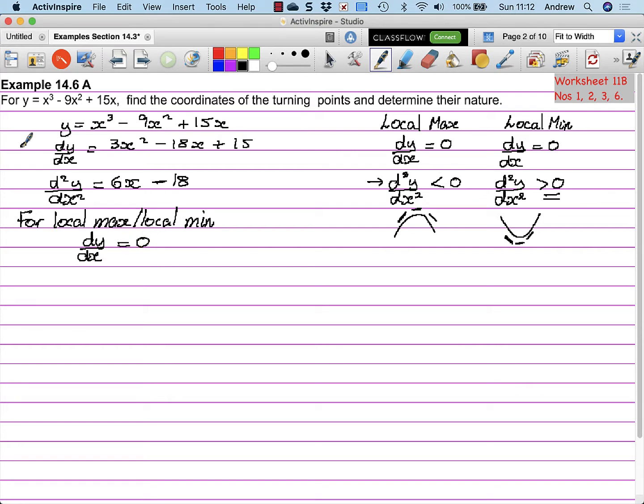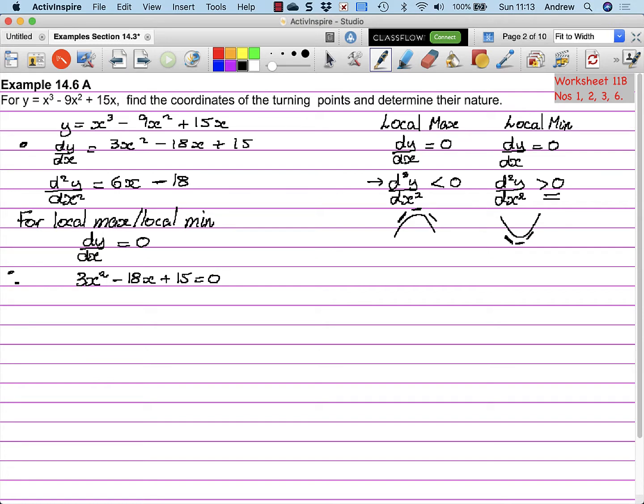We know that dy dx is 3x squared minus 18x plus 15. So we can write down, therefore, 3x squared minus 18x plus 15 is equal to 0.